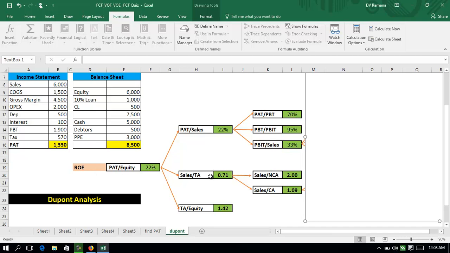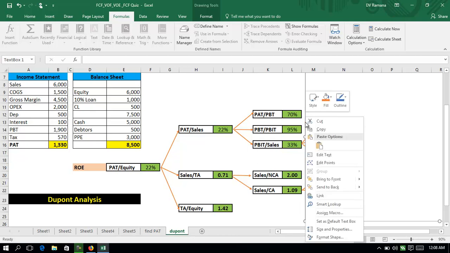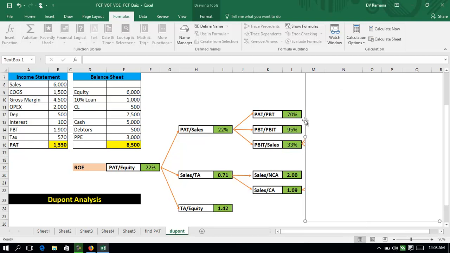And similarly, the sales by total asset can be further drilled down on the basis of the non-current assets and current assets. So sales by non-current assets and sales by current assets. In order to make these steps a bit more meaningful, we can go one step down further and take this analysis further down.